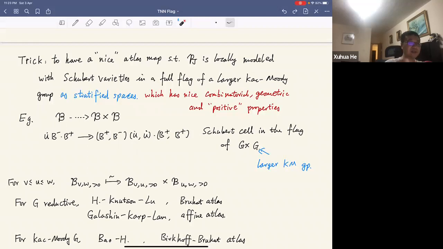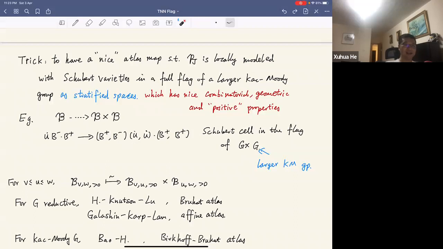However, if you use this atlas map, the cost we have to pay is that we have to consider a much larger Kac-Moody group. However, what we gain is that the Schubert variety is decomposed as a disjoint union of the open Richardson varieties in the full flag.